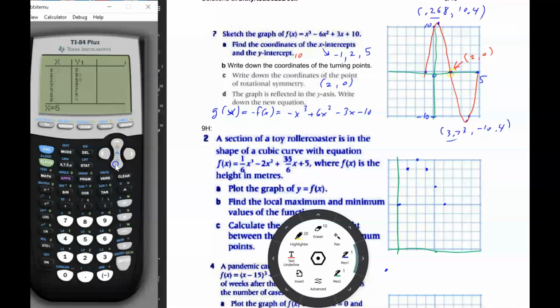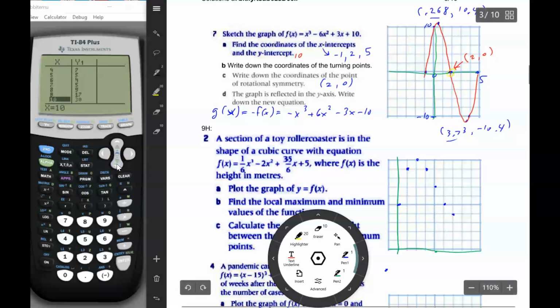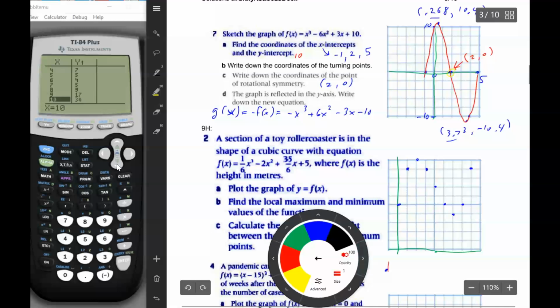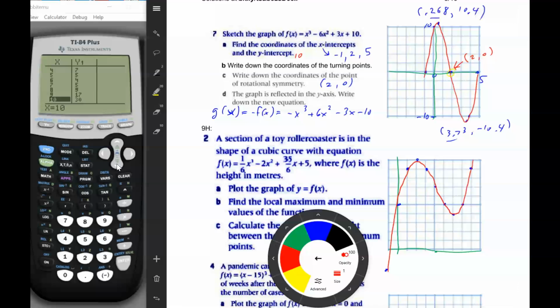What else? 6, 4. 7, 5. 8, 9, 9, 17, and 10, 30. Okay, so that is my function graphed.